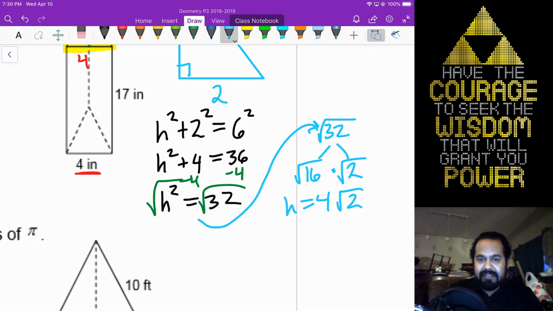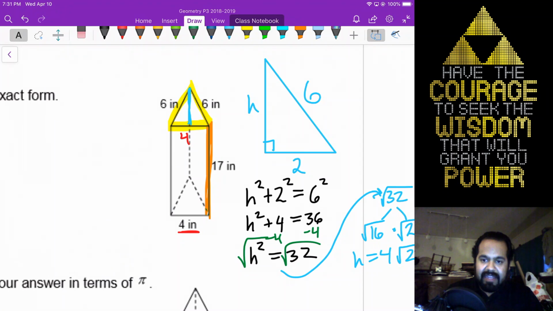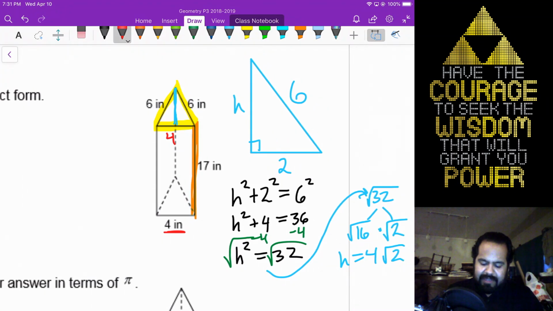That's the height of your base, not the height of the solid. The height of your solid is this one right here. Let's go ahead now and find the area of our base, then find our volume. So base is a triangle. One half of 4, not 2.